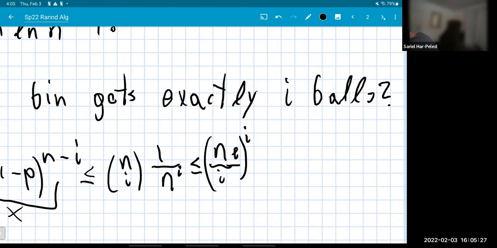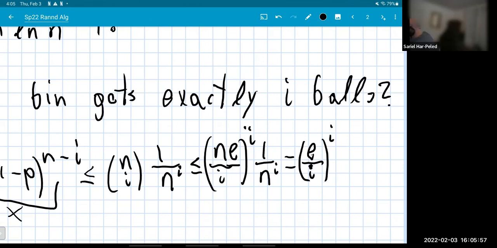It's really easy to remember: for the upper bound, you make it into a fraction, and then you pay an extra e. Then you just cancel things out, and this is just e over i to the power i. So this is an upper bound on the probability.